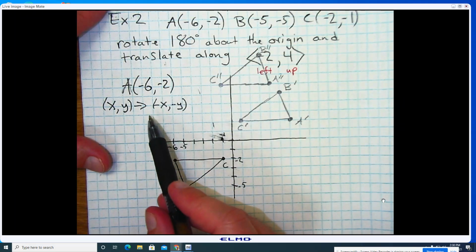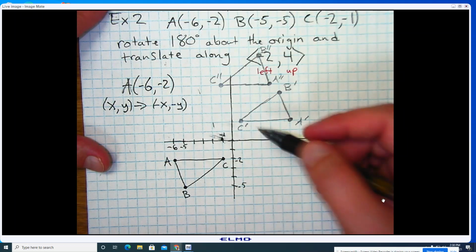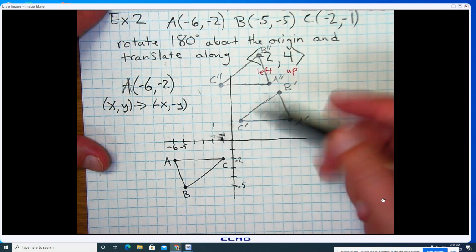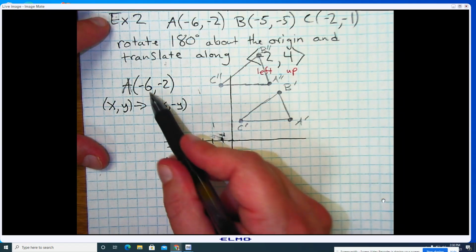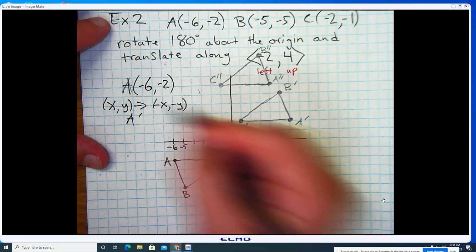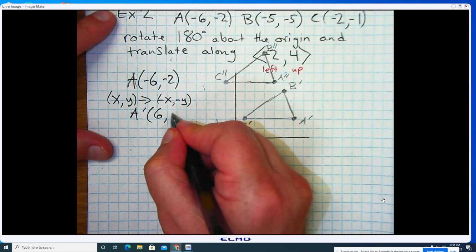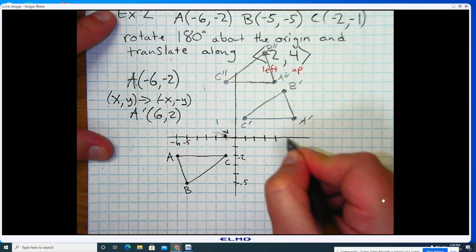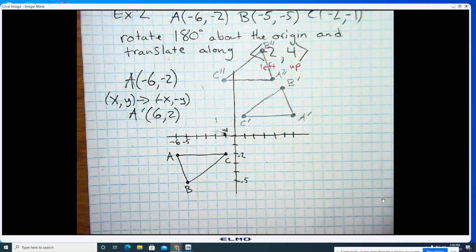That's the formula for rotating 180 degrees. And you can always compare to see how it works. This first point is -6, -2, so if I apply that, my A prime is going to be 6, 2. Let's check: 1, 2, 3, 4, 5, 6, 2. And yes, there's our A prime.